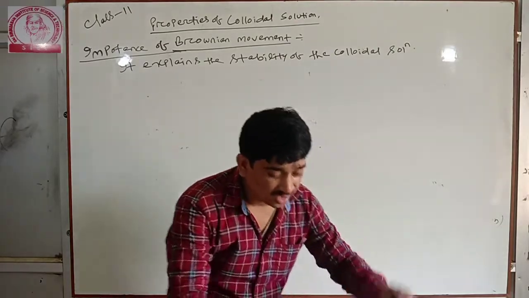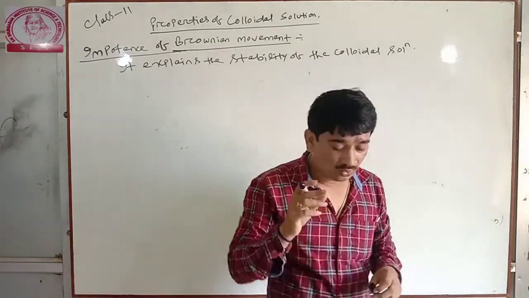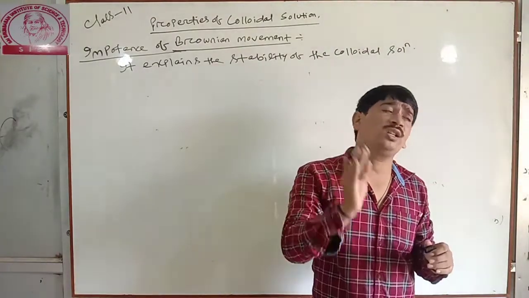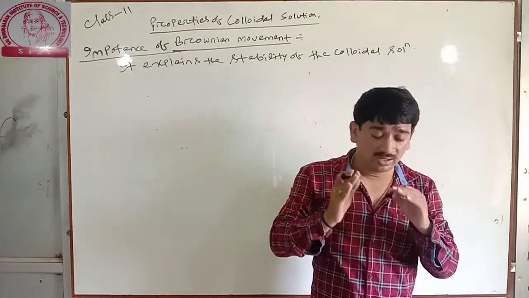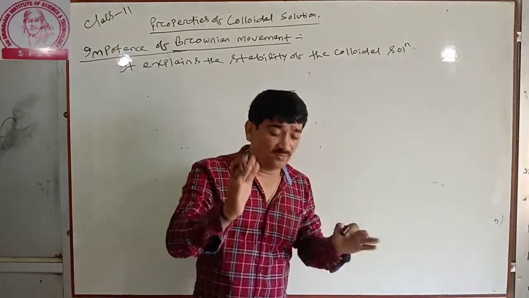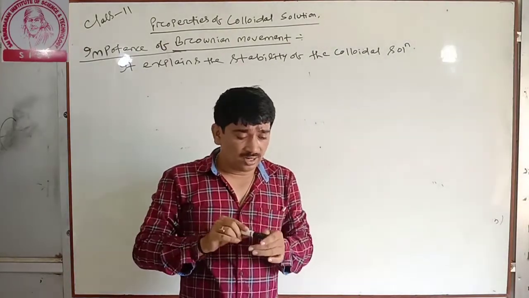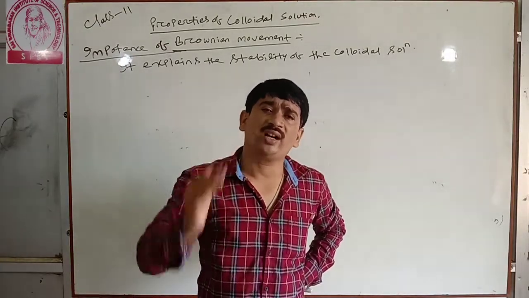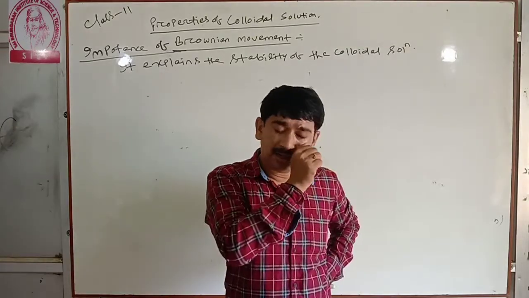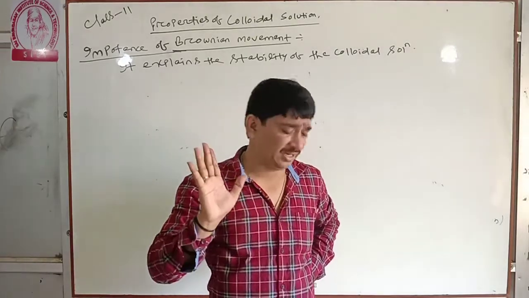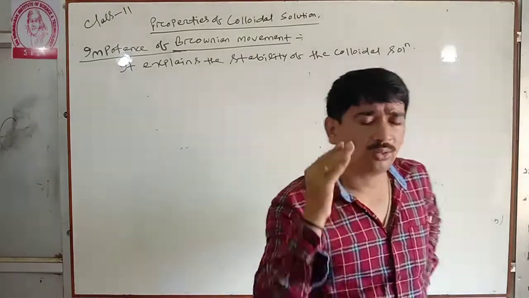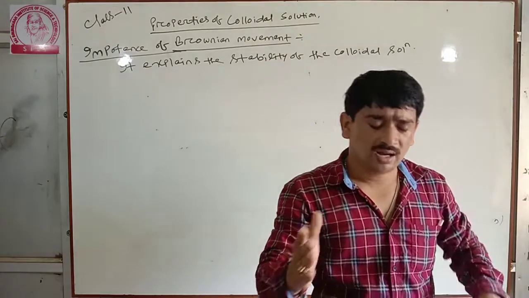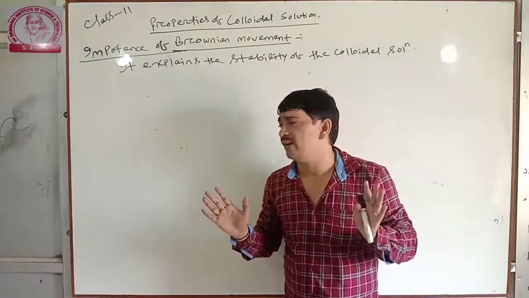Very important: due to this Brownian motion, colloidal particles do not settle down under the influence of gravity. Clear? Due to this Brownian motion, the colloidal particles do not settle down under the influence of gravity.